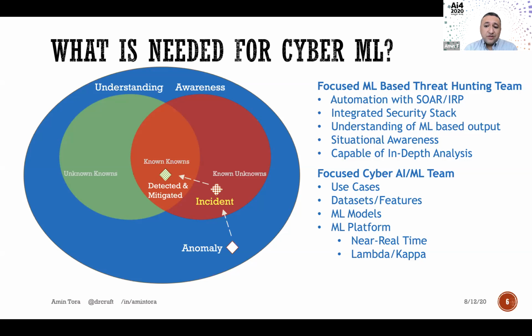You need an integrated security stack, and the team themselves need to understand that the models developed are approaching things from a probability and statistics point of view. So they'll need to understand that the outputs don't necessarily mean it most likely is malicious. It's more of a mathematically founded assessment of whether this activity is anomalous or not, whether it deviates or closely matches something that's known to be malicious.